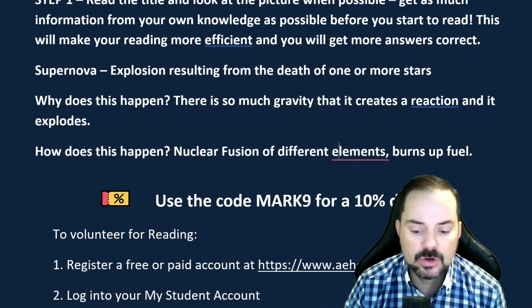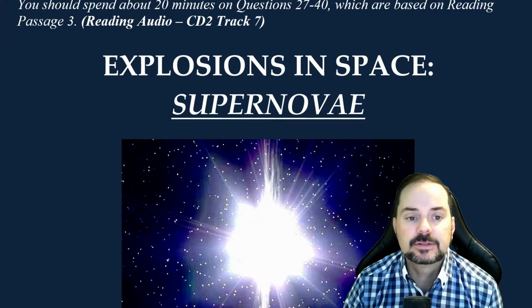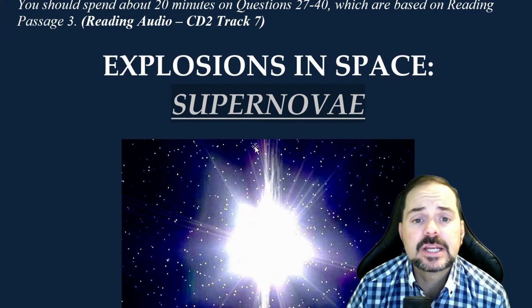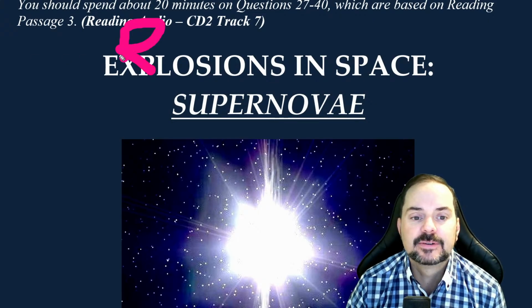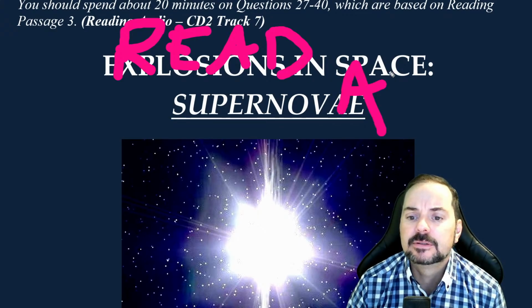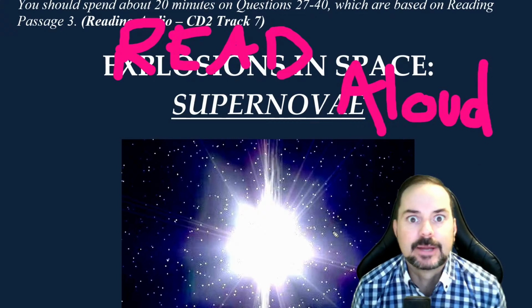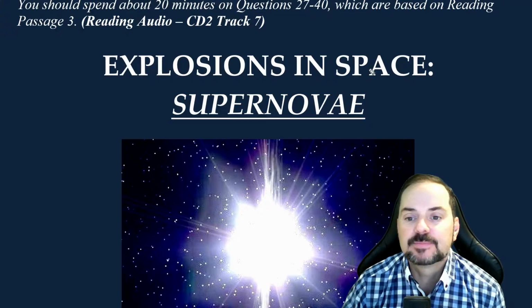All right, so then once you've thought about this a bit, so you read the title, Explosions in Space, Supernovae, and students, this is reading, so make sure to read, okay? Read with me and read aloud. That means so I can hear you. I will imagine that I can hear you. So read aloud. Explosions in space, supernovae.